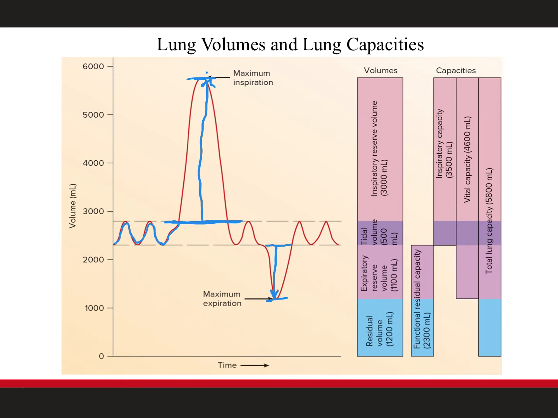So what would happen to my lung if I blew all the air out? It would collapse. So there is always air left in your lungs, and that is what we call your residual volume. It's usually around 1,200 milliliters, 1.2 liters.